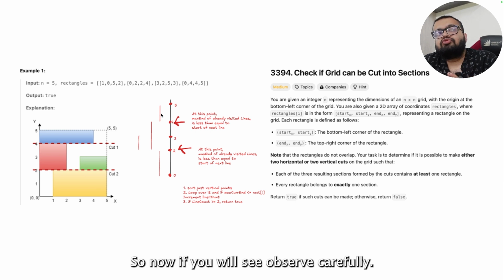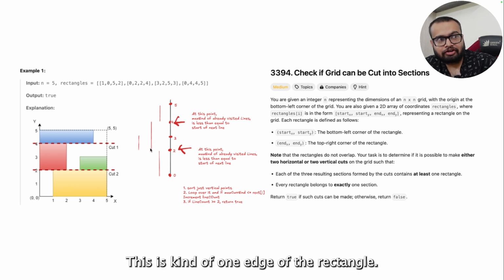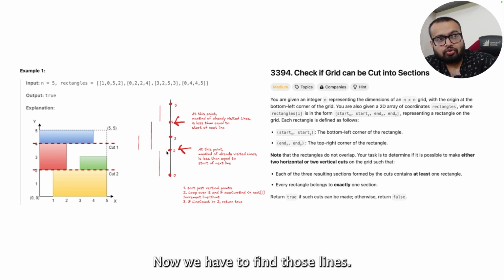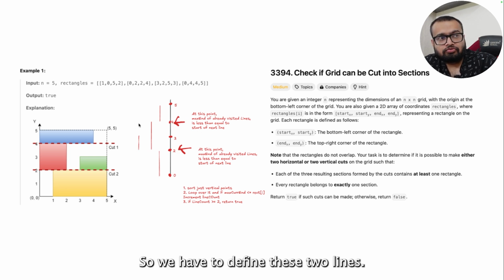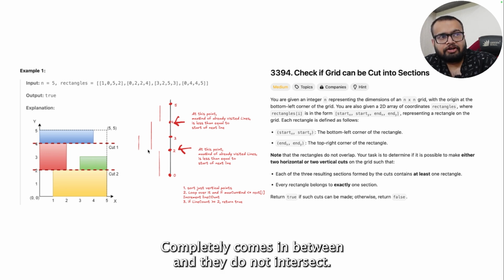Now observe carefully. Each of these is like one edge of the rectangle. Now we have to find those lines, at 2 and at 4, such that the rectangles in between completely come in between and they don't intersect.